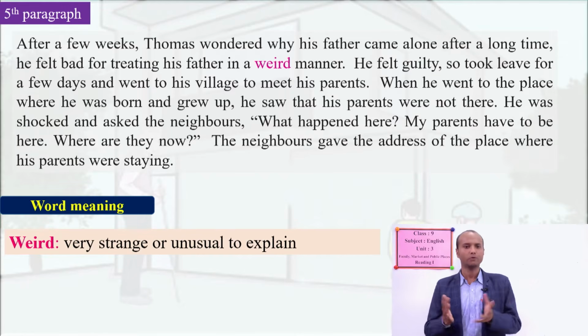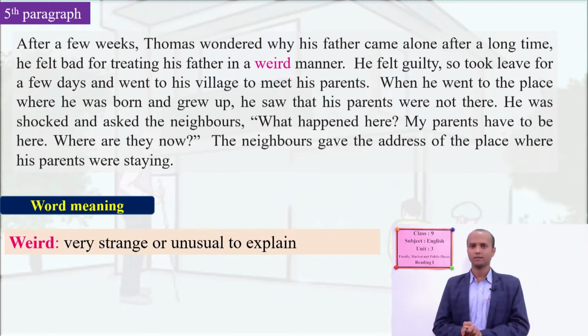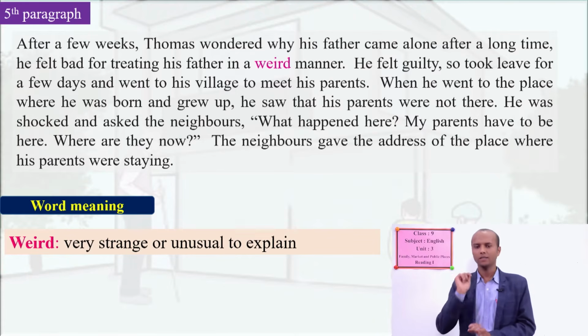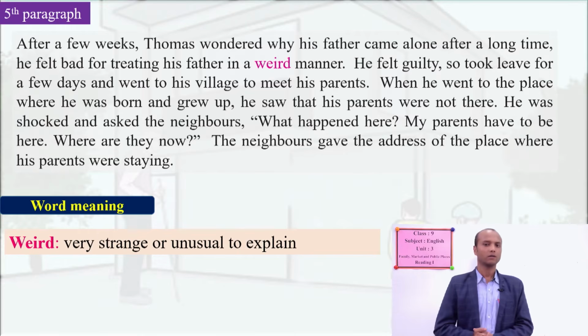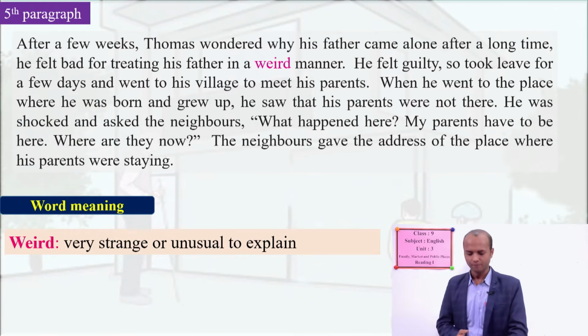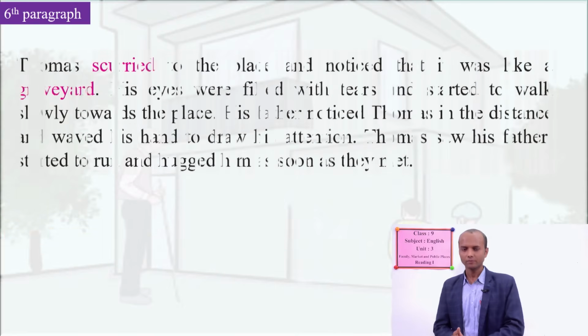My parents have to be here. Where are they now? In this way, he got stressed. He questioned about their parents. And the neighbors gave the address where Thomas' parents were at the time.